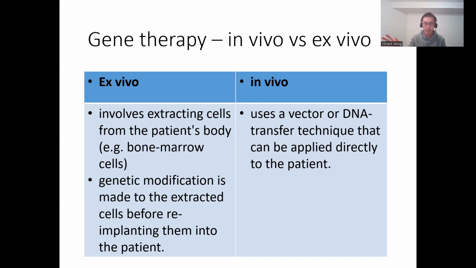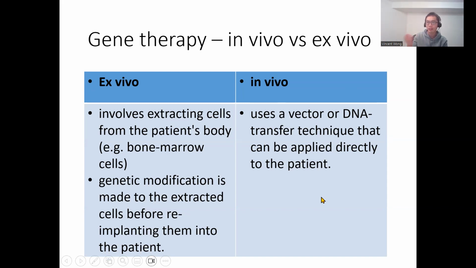In vivo would be introducing the gene into the body. So that's a little bit more complicated because when it's outside of the body, you have full control of what's going on in the dish, right? Okay, and you know exactly what you're putting it into. But then when it comes to in vivo, you're relying on a vector to deliver the genetic material.